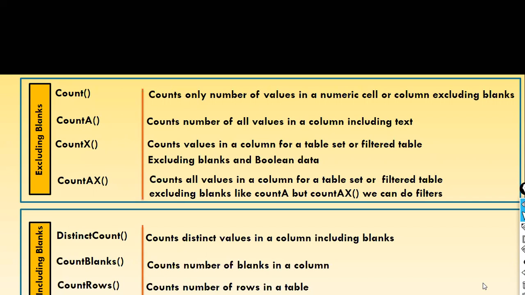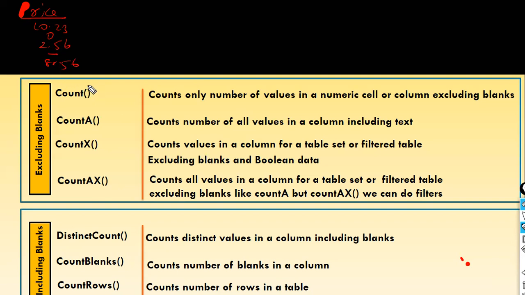For example, in a column, I have something like a price column. In the price column, you have values like 10.23 and 0, 2.56, and then you have a blank value and 8.56.